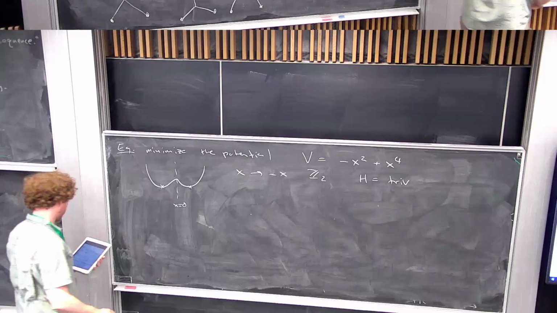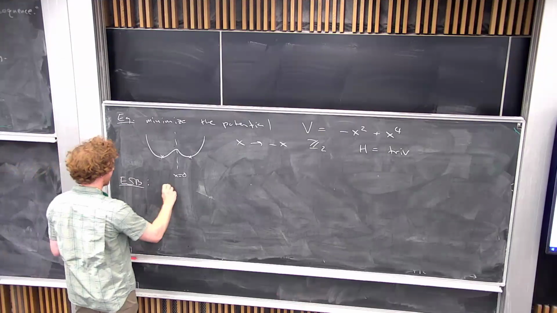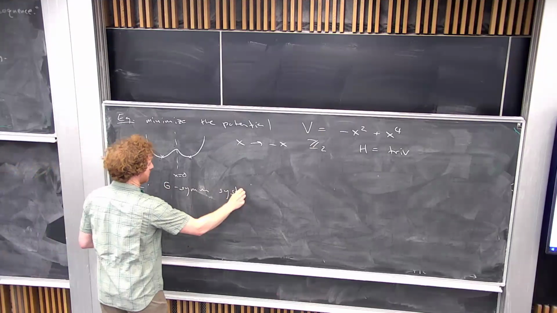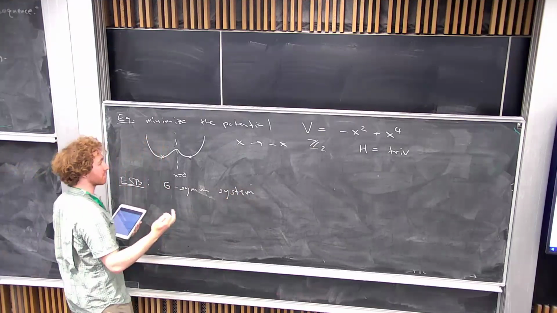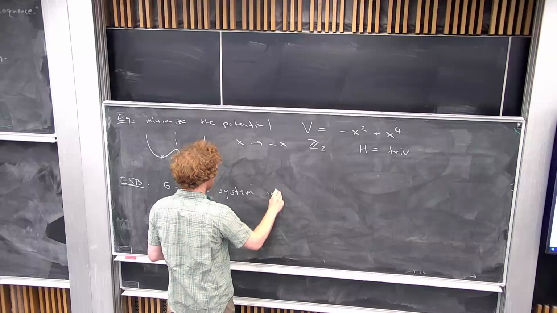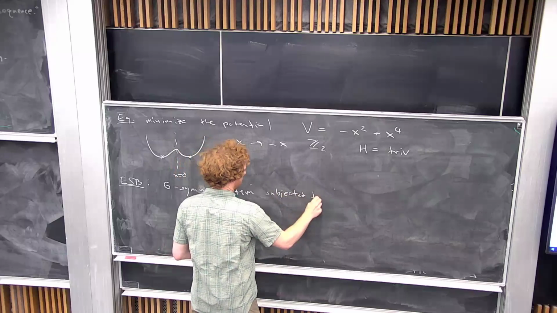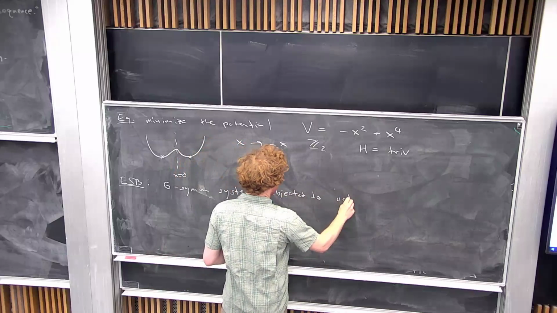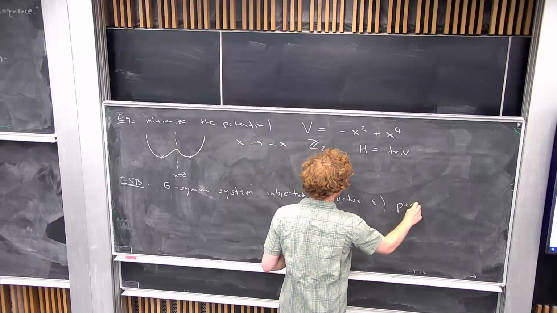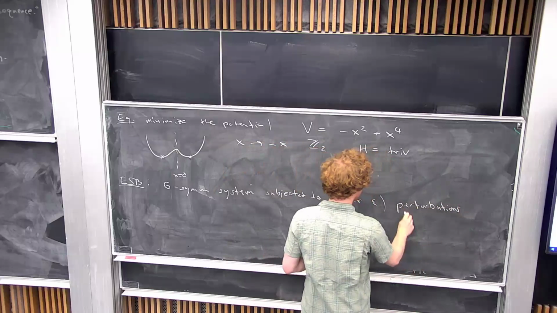Contrast this with explicit symmetry breaking. So this is where we take a G symmetric system. By system, you can just mean some kind of math problem. But we want to subject it to, say, order epsilon symmetry breaking.